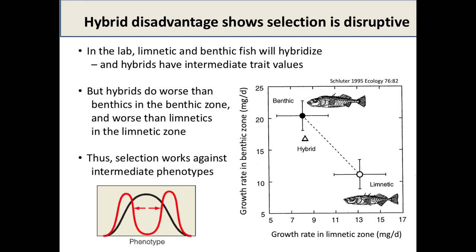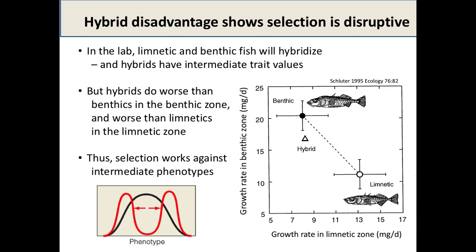Here we've got growth rate. They've taken individuals of both forms, put them in a cage in their preferred habitat, others in the other habitat, and measured their growth rate. The limnetic form, not very surprisingly, grows very well in the limnetic zone but very poorly in the benthic zone.